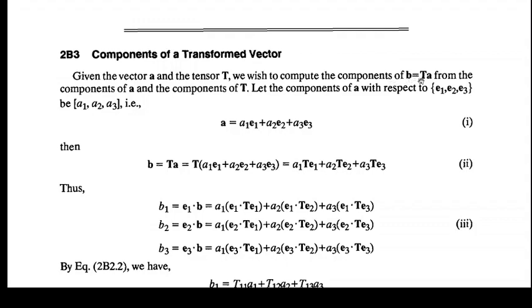B is equal to T of A, that T acts on A and the result is vector B. Now we know the components of A, but we want to know the components of B after transformation when T acts on A.